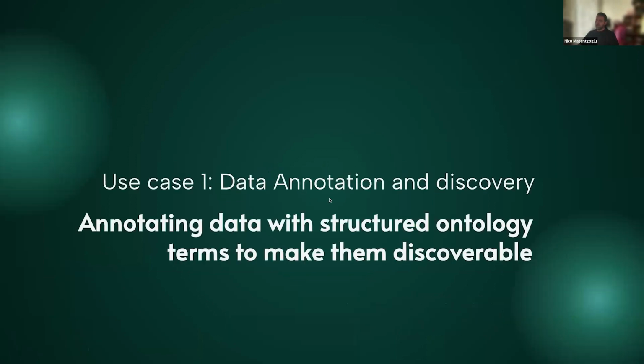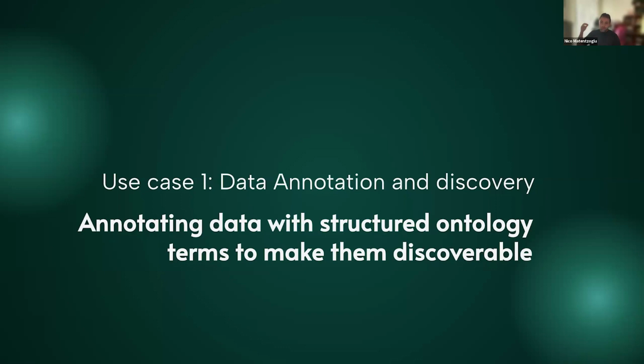So I decided to group this part by use cases. The first use case that I will go through is data annotation and discovery. Most of you working in the biomedical domain know that this is the most prevalent of all ontology-related use cases out there.